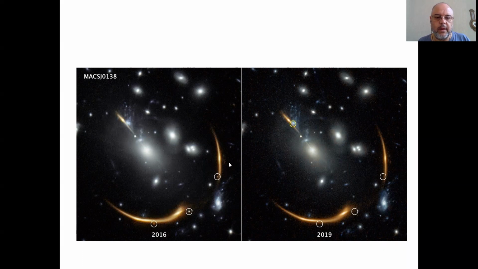You do not have three galaxies and stars. This picture was taken in 2016, and here in 2019, this star disappeared. There is a prediction that we will see it again in 2037. This star will appear again in 2037.